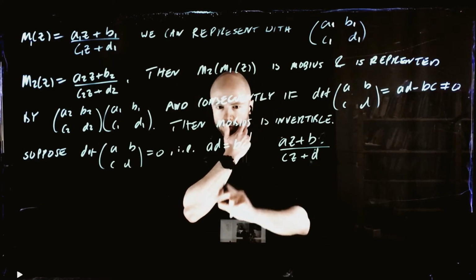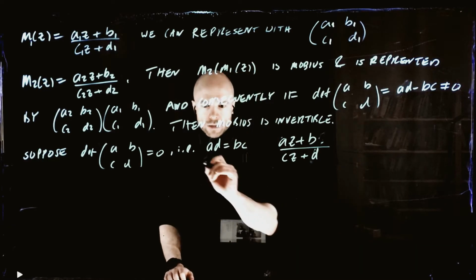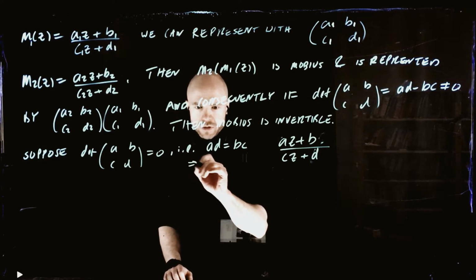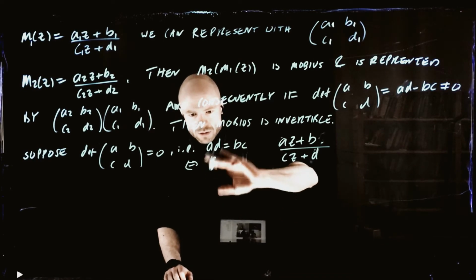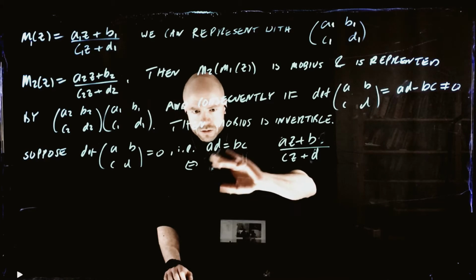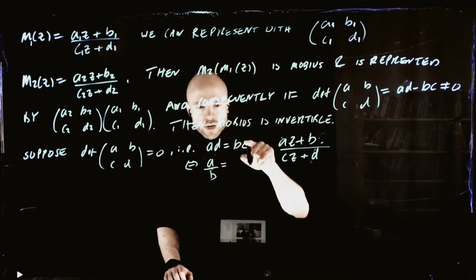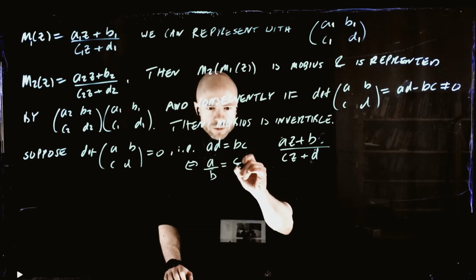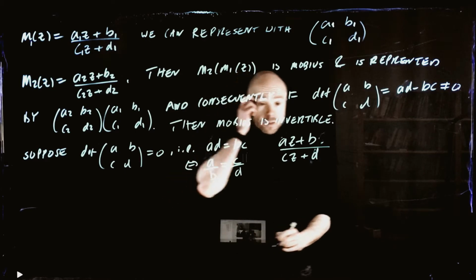From this relation, we can see that this is equivalent to A over B, dividing both sides by B, being the same as C over D. So this line is equivalent to that.